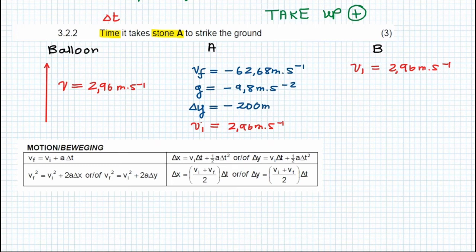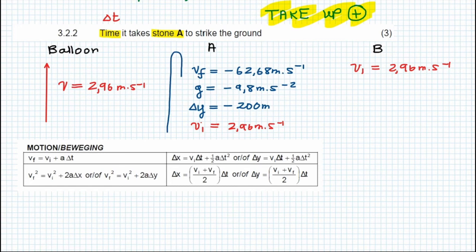So if you go to the exam guidelines, you're going to see there are 6 different acceptable methods that you could have used. I'm going to show you only 2 of these methods. The rest you're welcome to go and check or try yourself using the exam guidelines. I'd like to remind you that we have chosen to take up as positive, and we must be consistent with this. Stone A first travels upwards and then travels downwards.